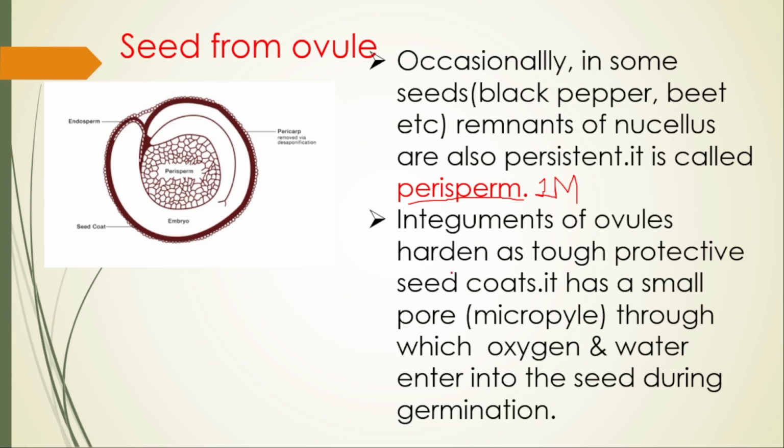Integuments of the ovules harden as a tough protective seed coat. It has a small pore through which oxygen and water enter into the seed during germination. If you usually see any kind of seed, there will be a small pore. Let me draw a diagram of one seed.